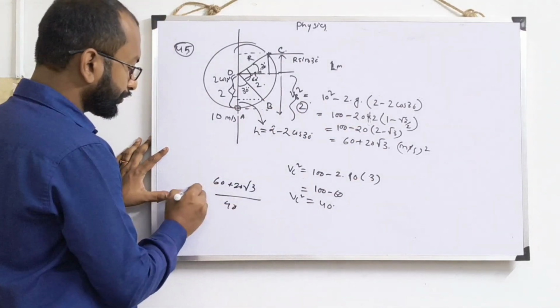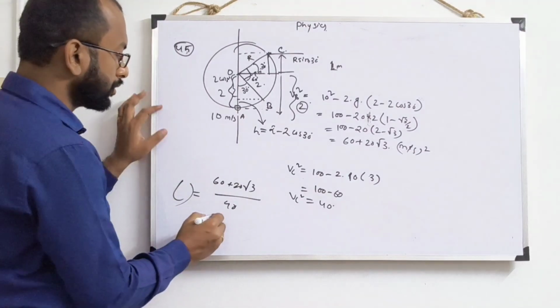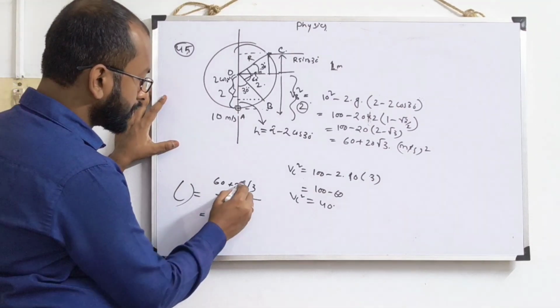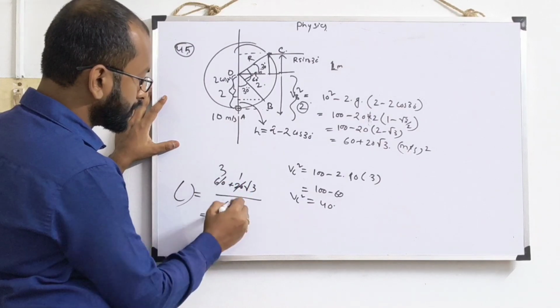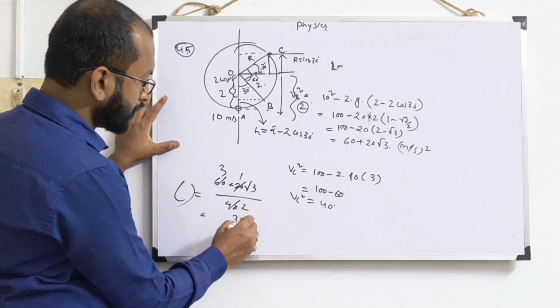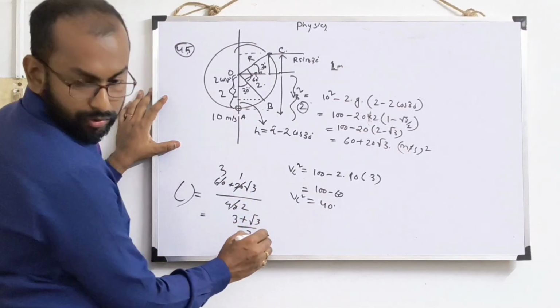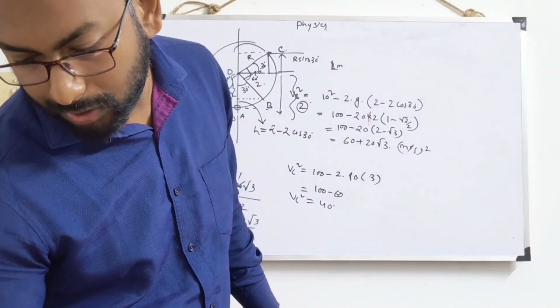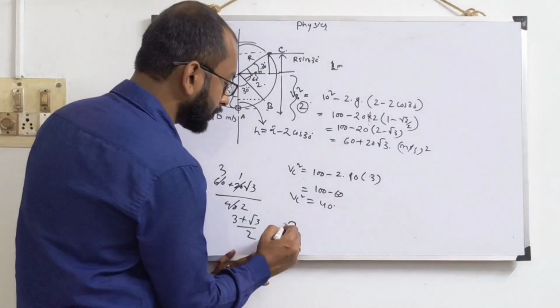That is the kinetic energy ratio. We have to just simplify it. So 20, 3 plus root 3 by 2, that is the answer. Option number 3 is the answer.